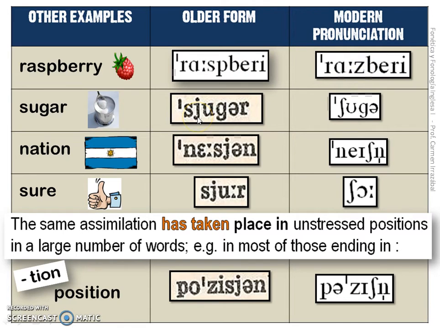In the following examples, we can see how the voiceless alveolar fricative coalesced with the following palatal semivowel and gave birth to a new single sound, the palatal fricative sound. All these examples are cases of coalescent assimilation, which will be analyzed later on.